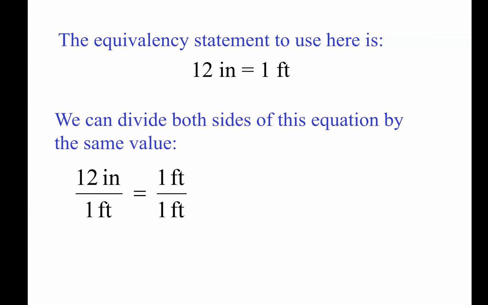Now, one of the things we know about algebra is that if we divide both sides by the same thing, that's fair game. So I'm going to divide 12 inches by 1 foot and 1 foot by 1 foot. What's 1 foot divided by 1 foot? It is simply 1.